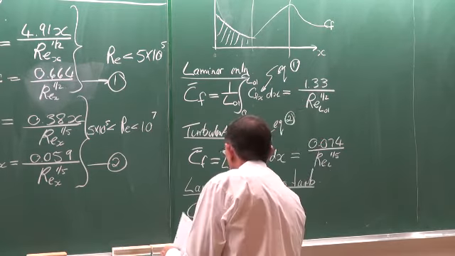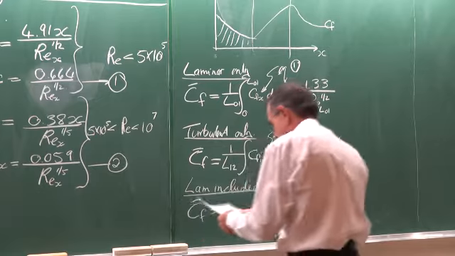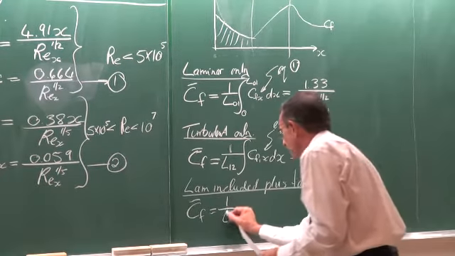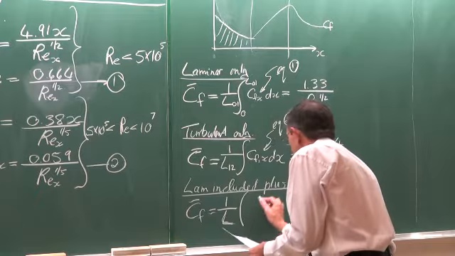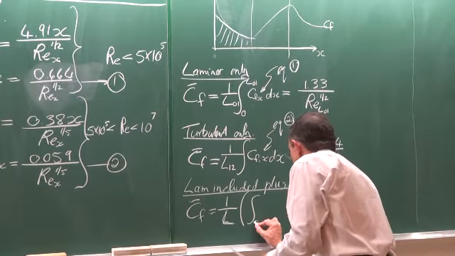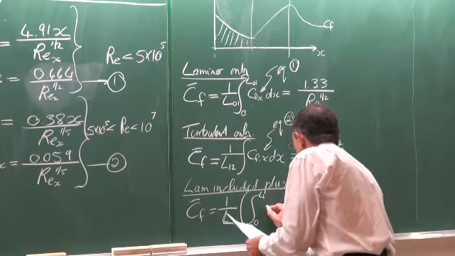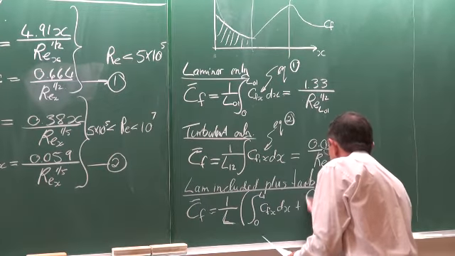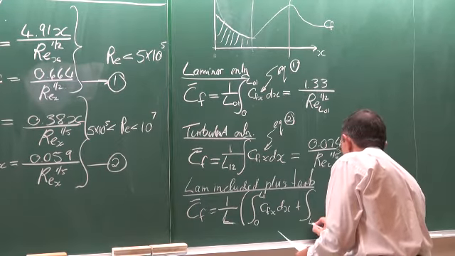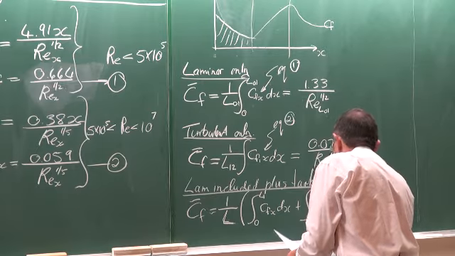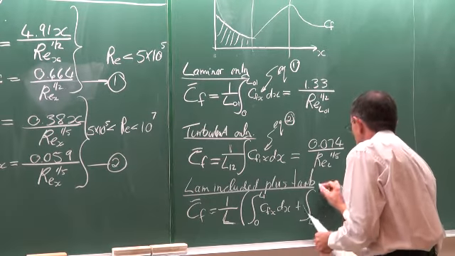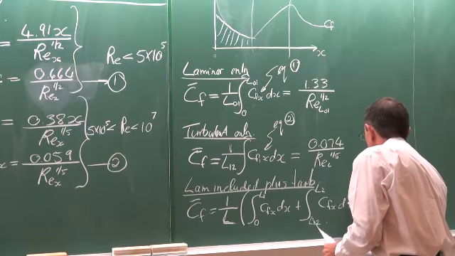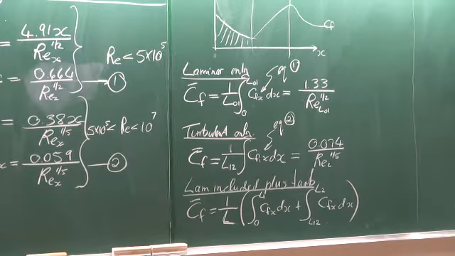Okay, and then we can say, well, let's then get the average as 1 divided by the total length, multiplied by the integral from 0 to L1 of CF x dx plus the integral from L1 to L2 of CF x dx, everything like that.